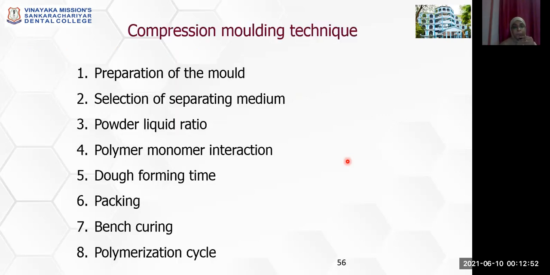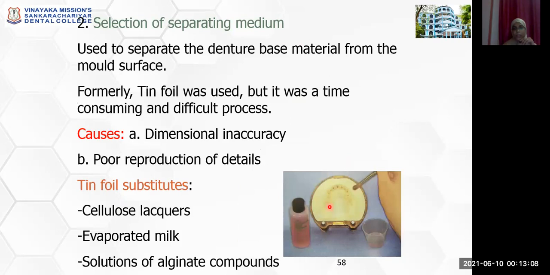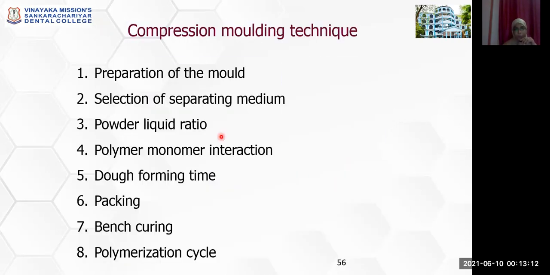In the compression molding technique, first you have to prepare the mold space. This is how the mold space is created, and to this mold space you add the separating medium. Once the separating medium is added, you take the resin based on the manufacturer's instructions.